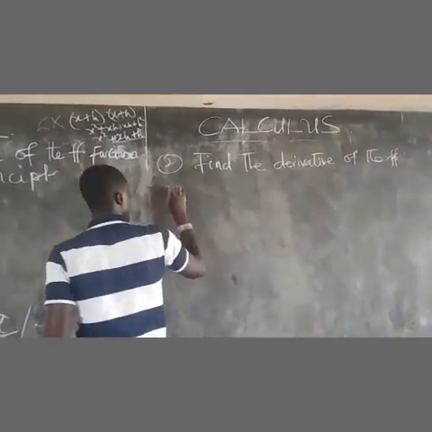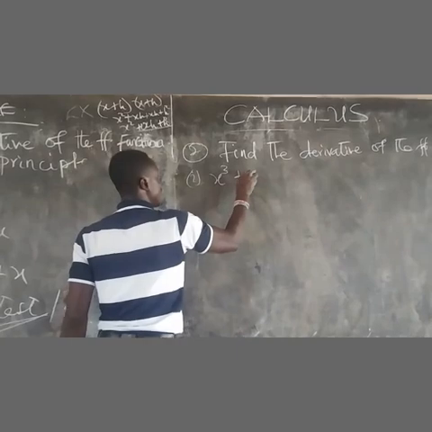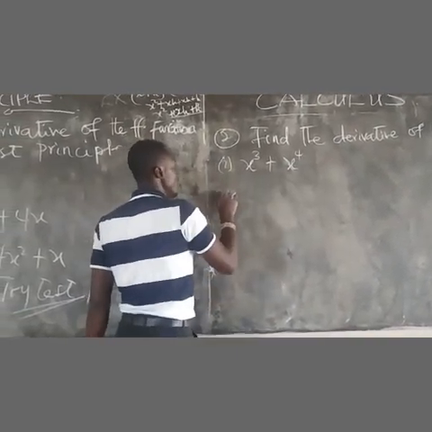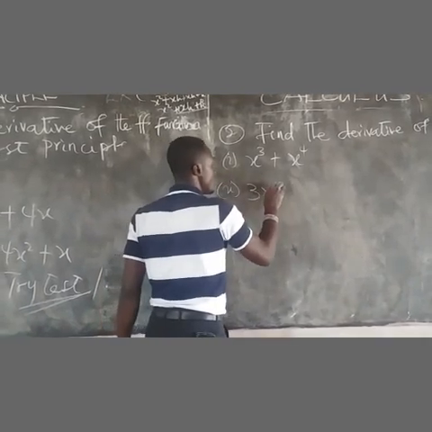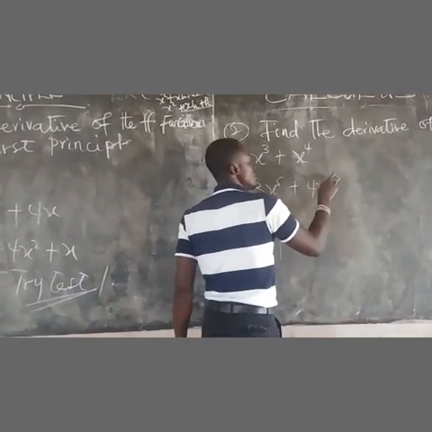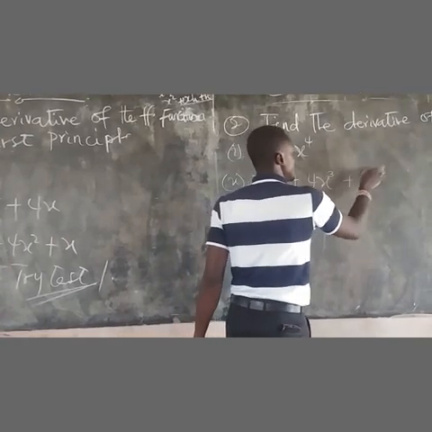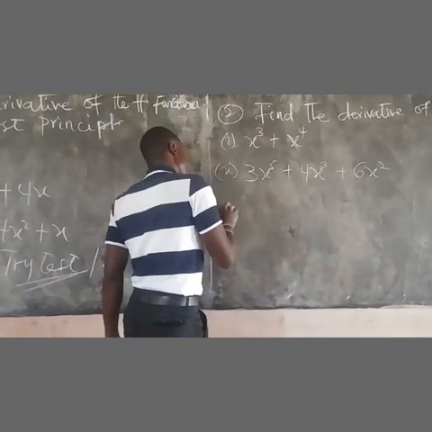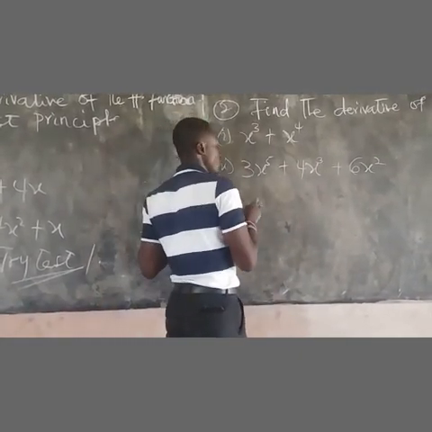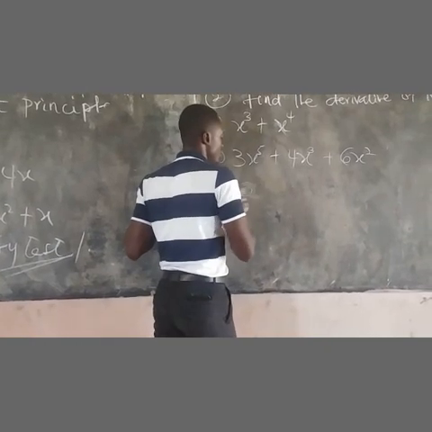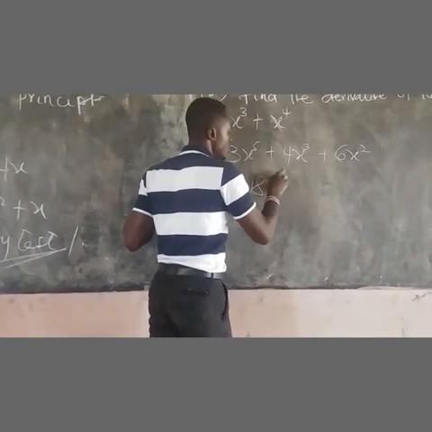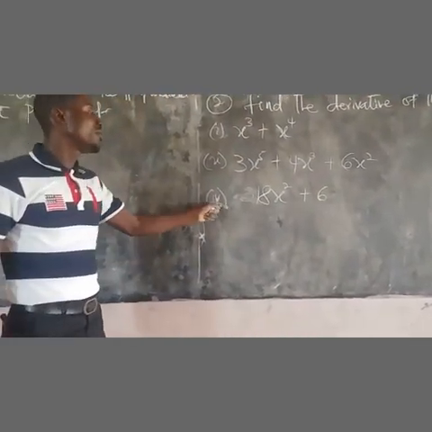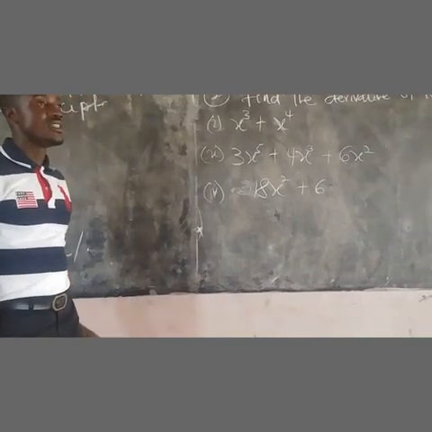So x cubed plus 4, 3x exponent 5 plus 4x exponent 3 plus 6x exponent 2, i. 18x exponent 2 plus 6.